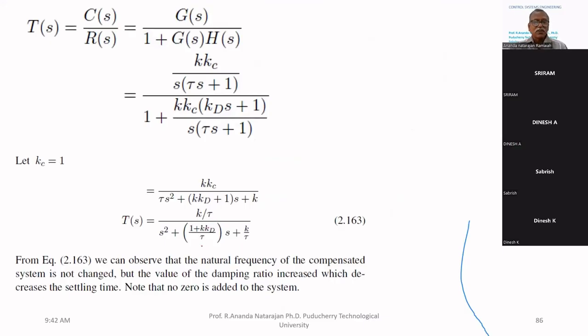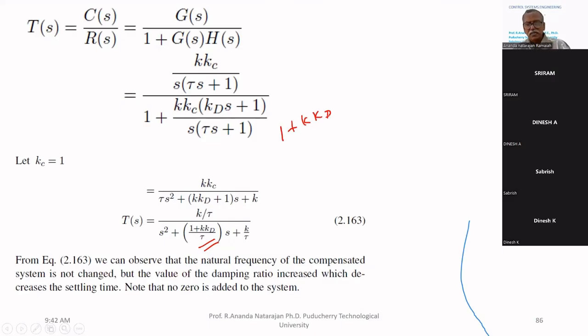Instead of 1 by tau, we got 1 plus KD times 1 by tau. We can observe that the natural frequency is not changed, but the damping ratio is increased by 1 plus KD times.